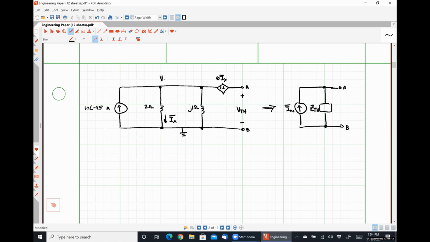So let's call this guy V1. I know that this guy right here, V2, is just 6Ix, whatever that happens to be, above V1.